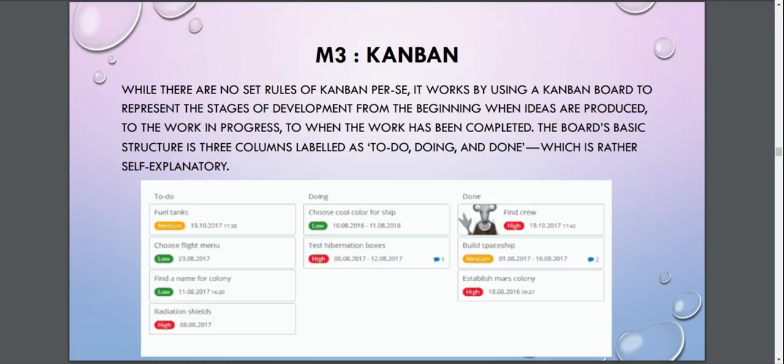So biasanya metodologi ni dia saling berkait di antara satu sama lain. And Kanban has been around since late 1940s. Where actually it was studied by Toyota to use the rate of demand to control the rate of production of its vehicle. Okay, sekejap ya.